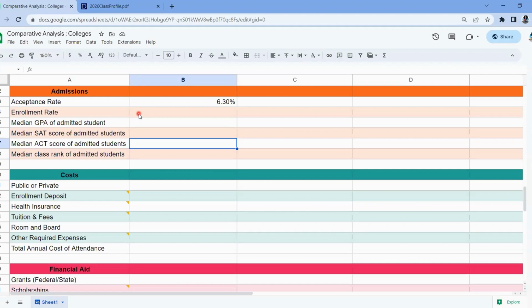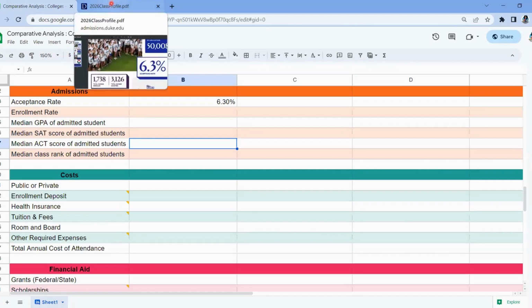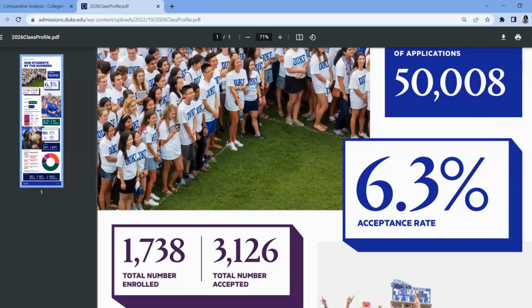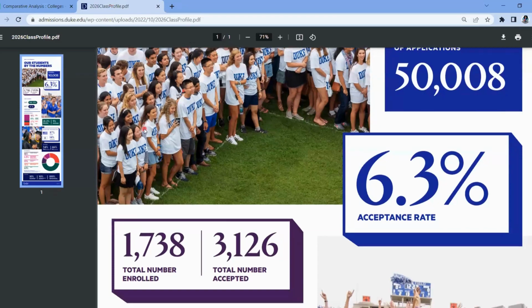Schools know this, so they offer a few more acceptances than they expect students to follow through on, because students will want to compare all of the opportunities that they have and find the opportunity that's the best fit for them. If the enrollment rate isn't expressly stated for your school, you can usually find it or calculate it with the information that's shared in the class profile.